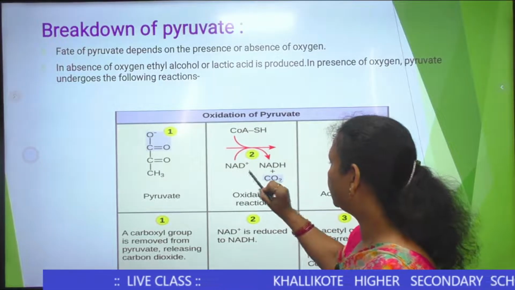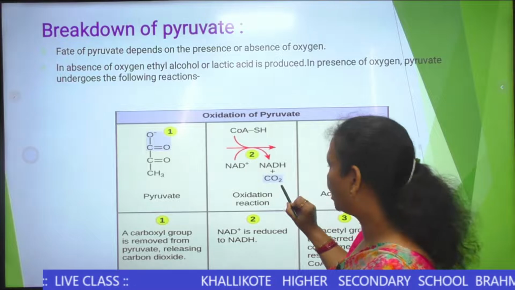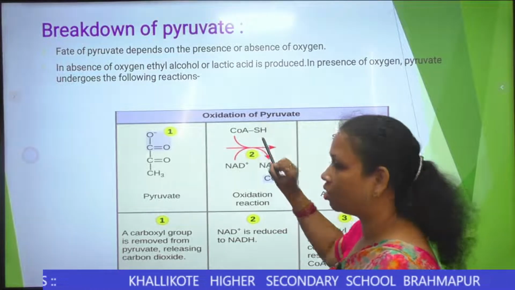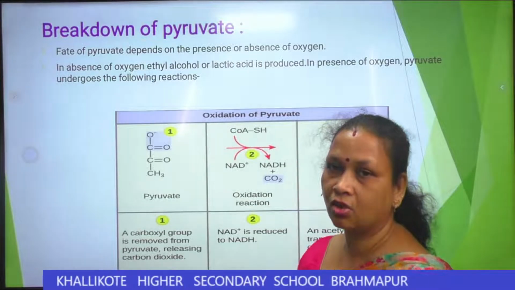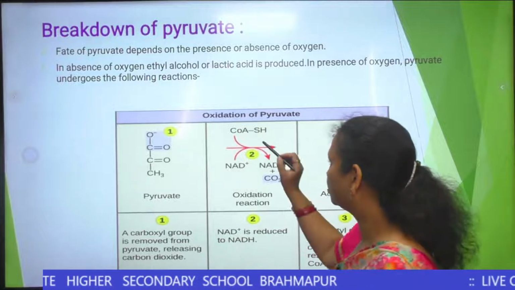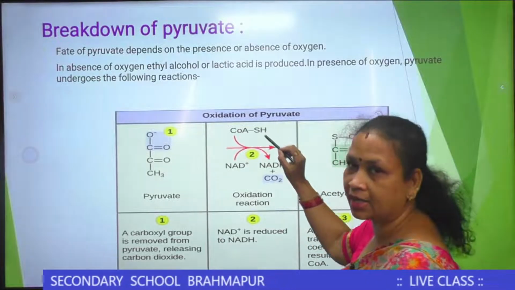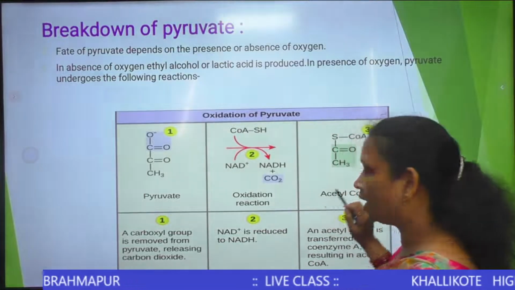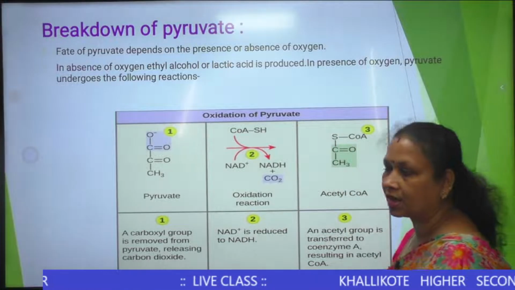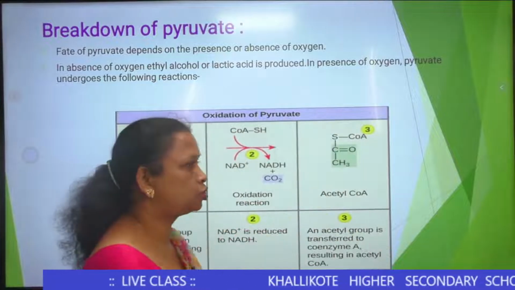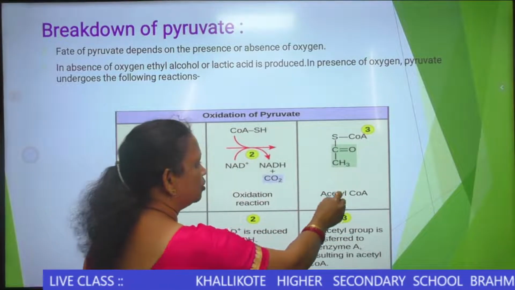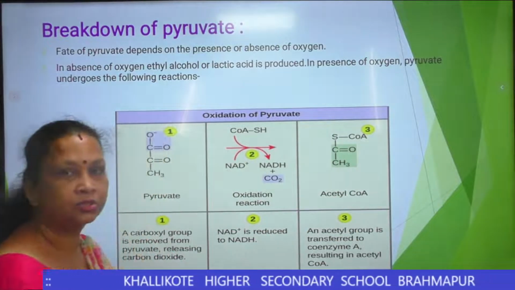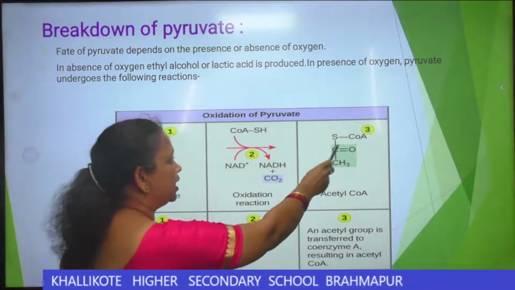So NAD becomes NADH, carbon dioxide is released, and also there is addition of another molecule, that is coenzyme A. NAD plus here is reduced to NADH. Ultimately what we obtain as the product is 2-carbon acetyl coenzyme A. Here coenzyme A gets attached.